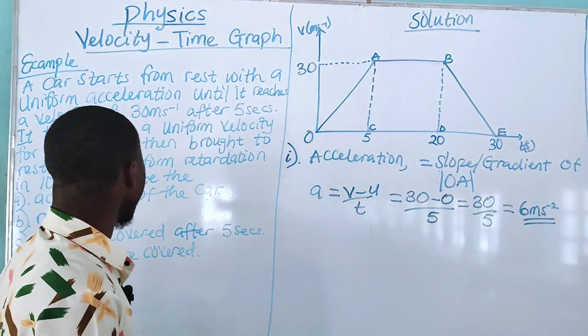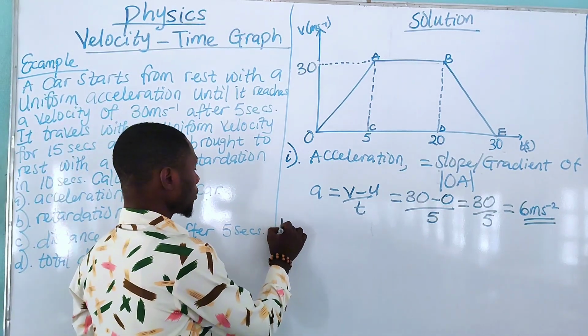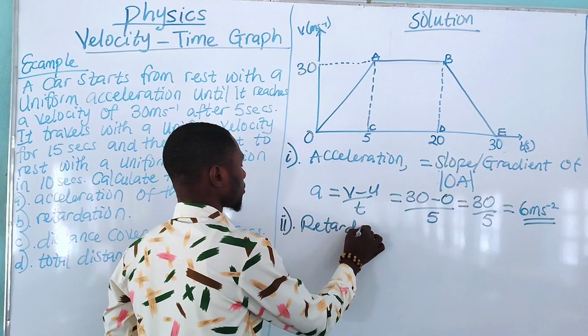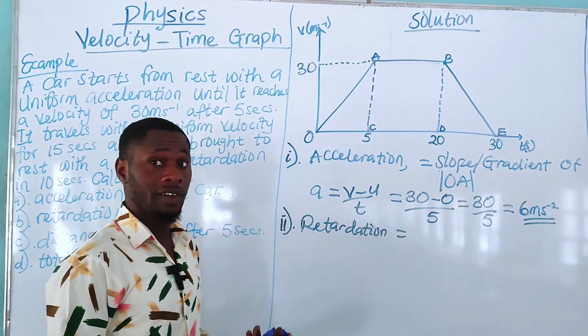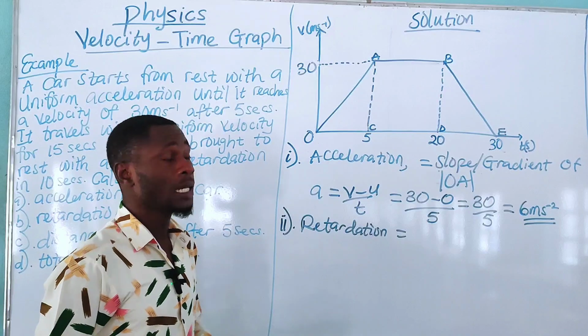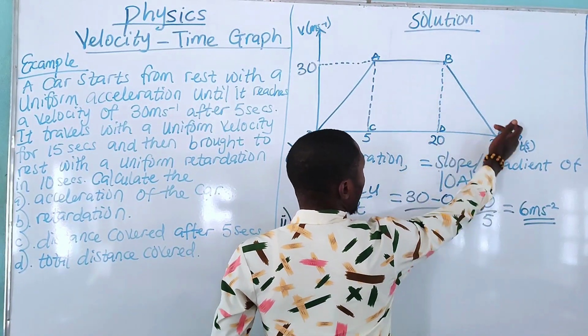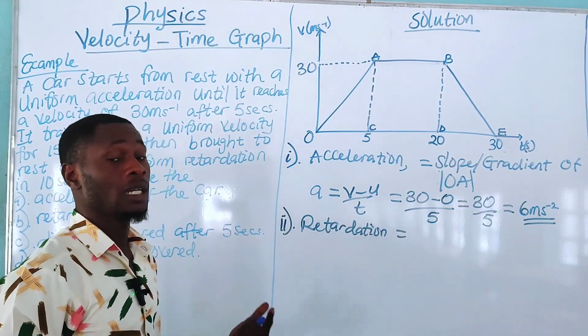Now, secondly, we are asked to find the retardation. So how do we obtain the retardation? Now, retardation is going to be obtained along line BE. That is where the body is retarding uniformly, when the body is decelerating uniformly.